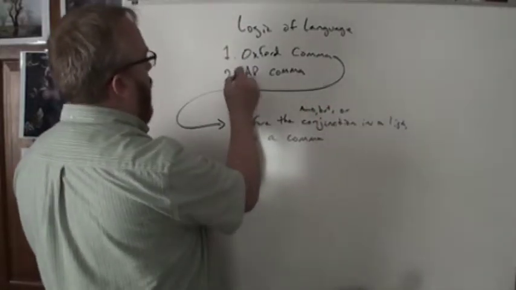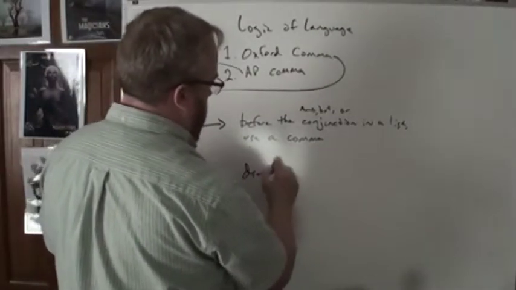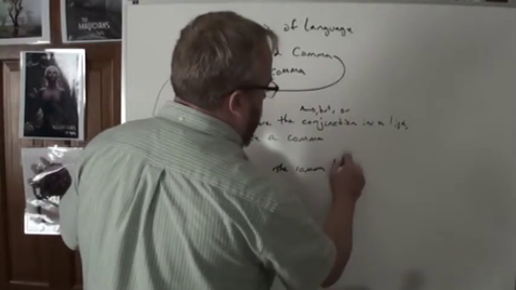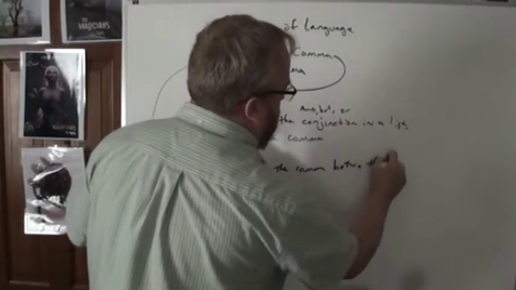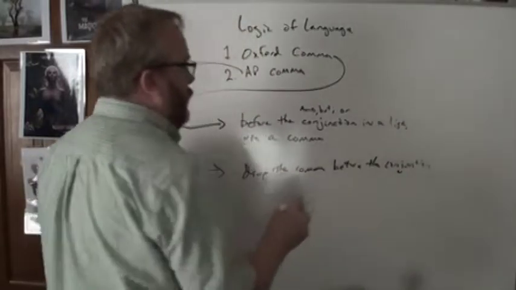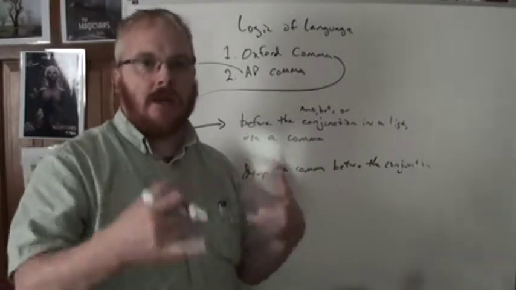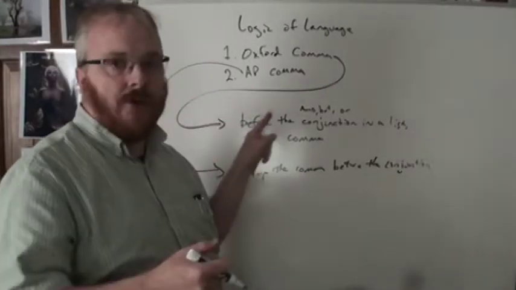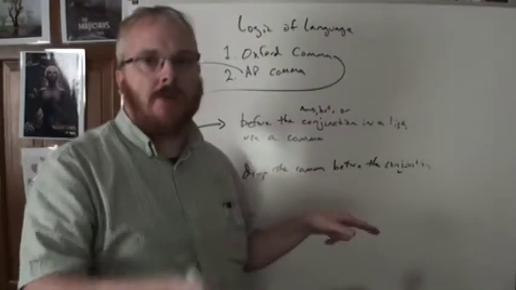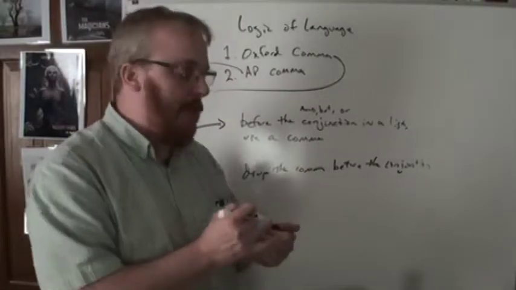And then what the AP comma says is drop the comma before the conjunction. Okay? So, you can have a list, and you're offsetting each member of the list by a comma, but according to the Oxford, you're going to comma before the conjunction, and according to AP, you're going to drop the comma before the conjunction.